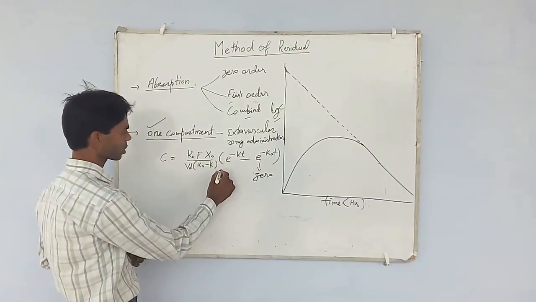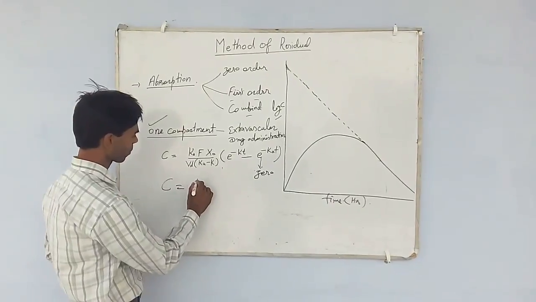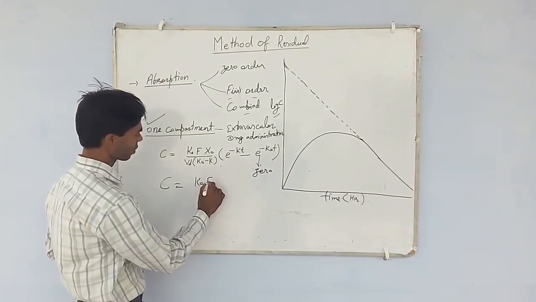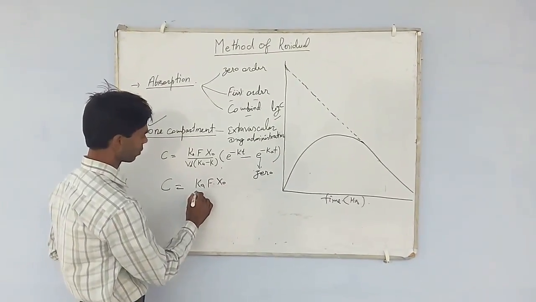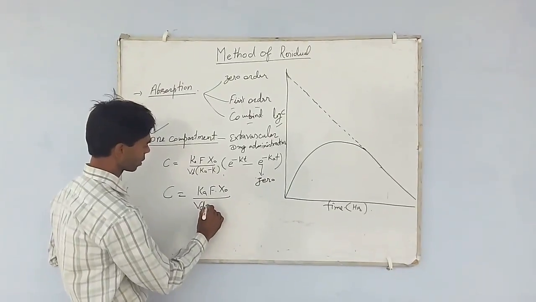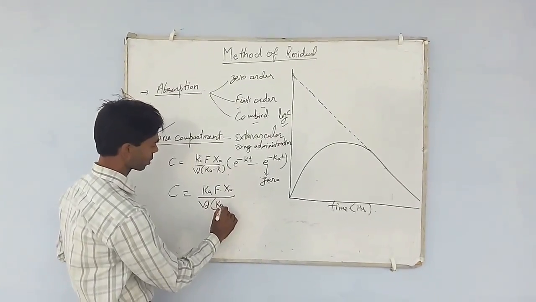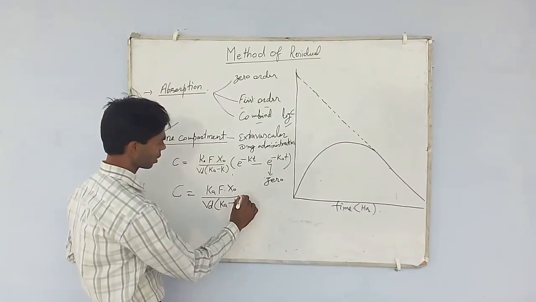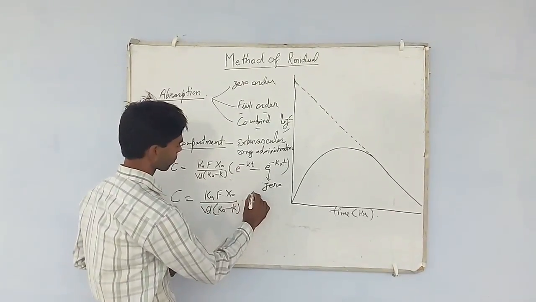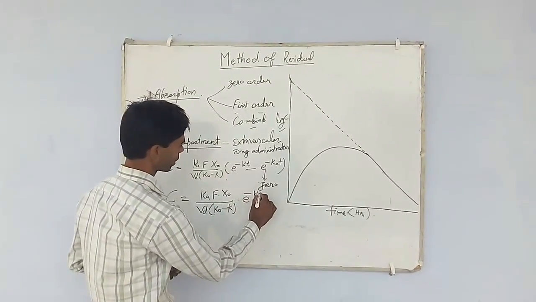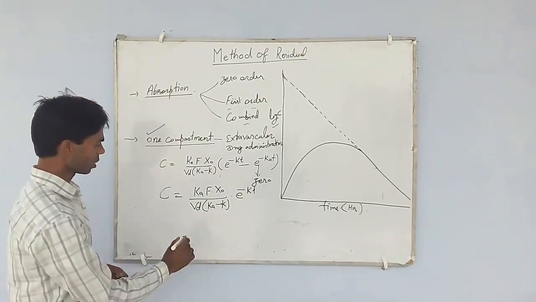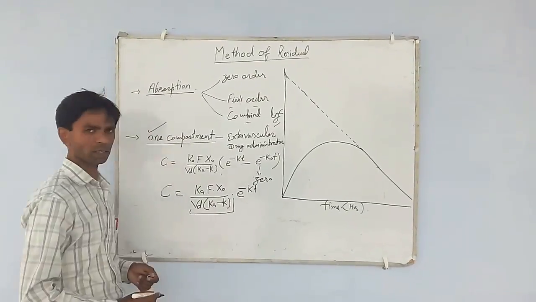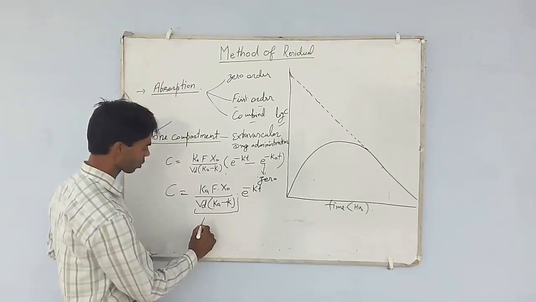Then the equation becomes C is equal to Ka F X naught divided by Vd into (Ka minus K) into e to the power of minus Kt. Then all these factors are also known as the hybrid constant.